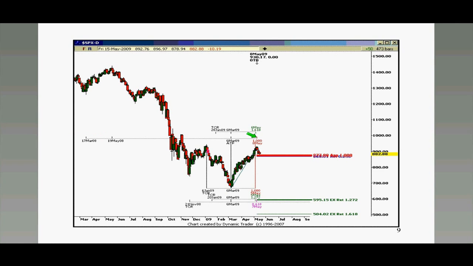Then I also measured the January 6th high to the March 6th low, and we had 100% in time come in on May 5th. There was also a low to a low swing, so it was the January 20th low to the March 6th low. 1272 came in on May 5th, and then also the November 21st low to the March 6th low. 618 in time came in on May 7th.